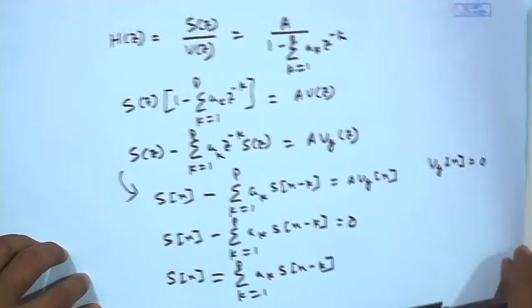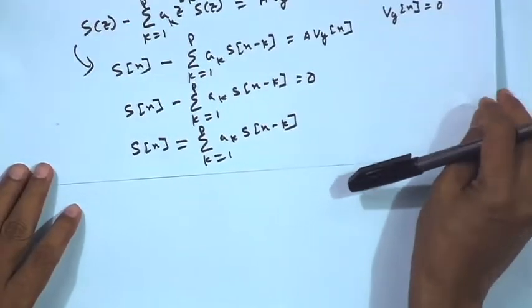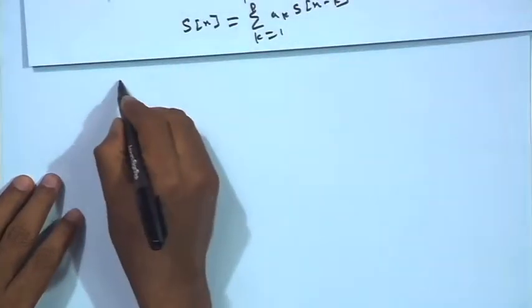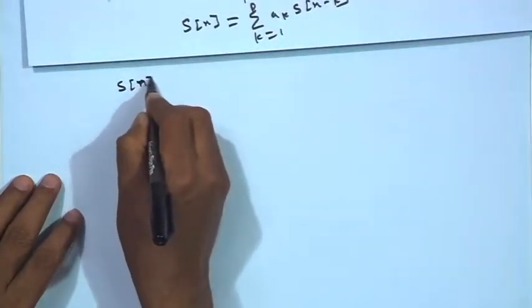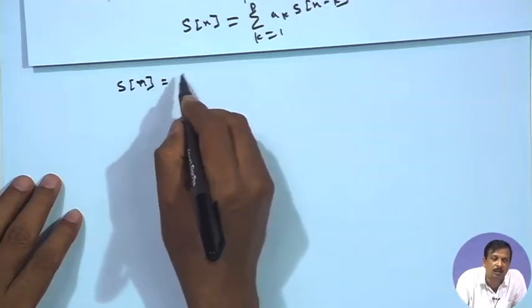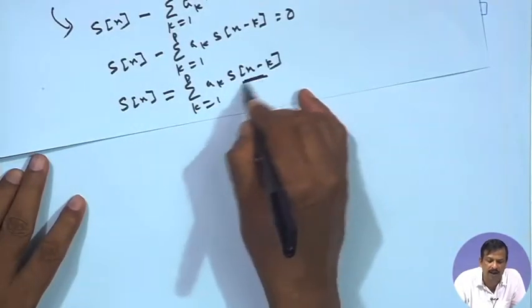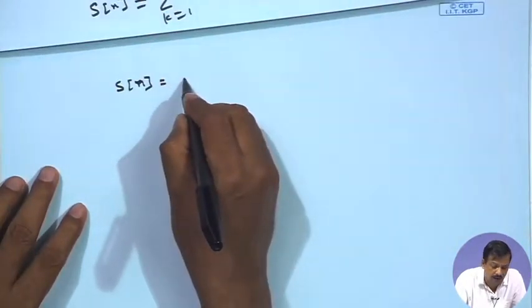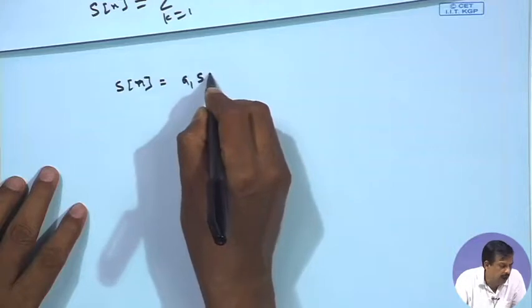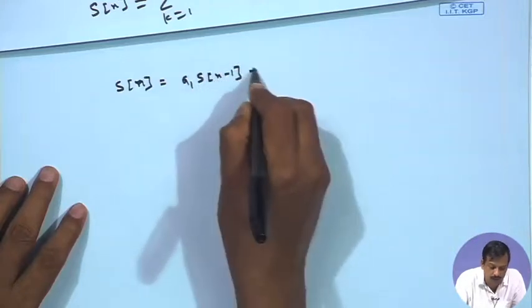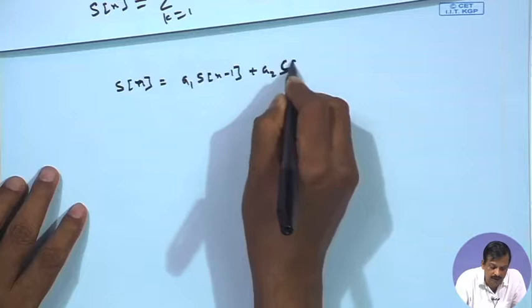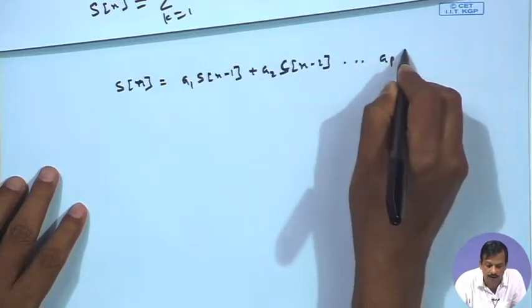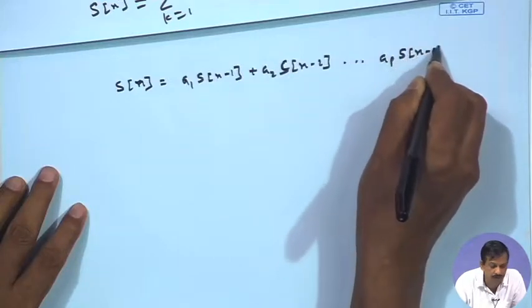Okay. Now, what do I get from this equation? s(n) is nothing but a linear combination of previous samples s(n minus k) with multiplication factors a_k, for k equal to 1. So, a_1 s(n minus 1) plus a_2 s(n minus 2) and so on up to a_p into s(n minus p).